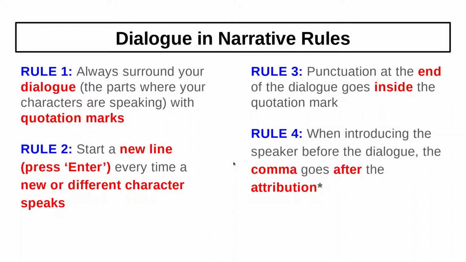And then rule number 4, when introducing the speaker before the dialogue, the comma goes after the attribution. I'm going to elaborate on what that means a little bit later. And I'm going to show you what all 4 of these look like in action.